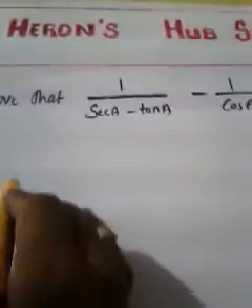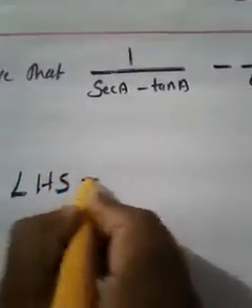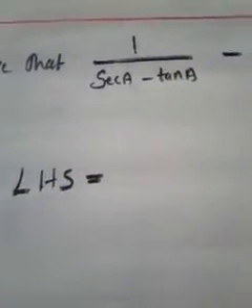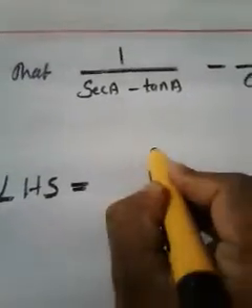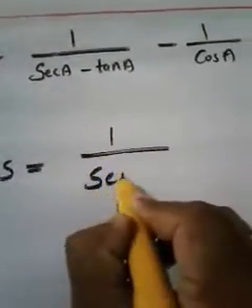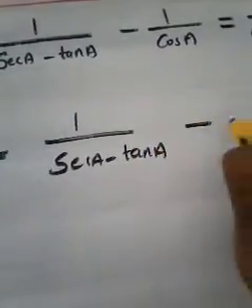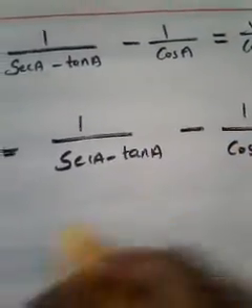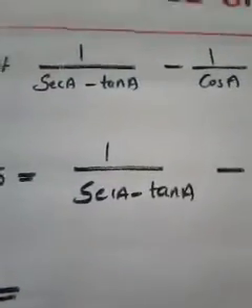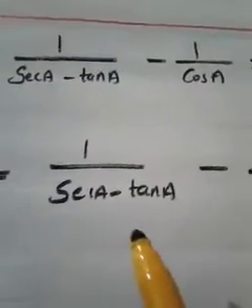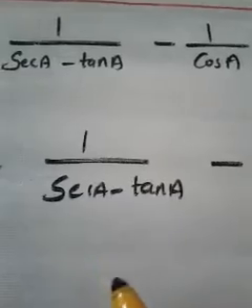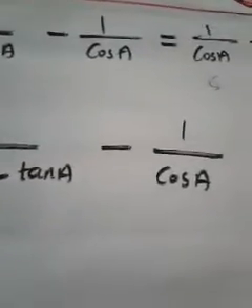Anyway, let me start from LHS. What does LHS say? 1 by sec A minus tan A minus 1 by cos A. So this is your LHS, and I'm trying to simplify it.